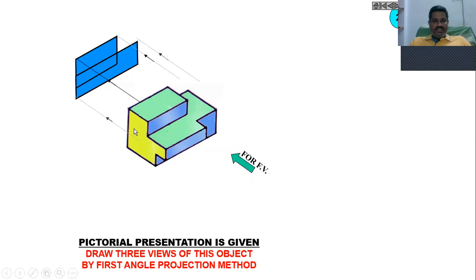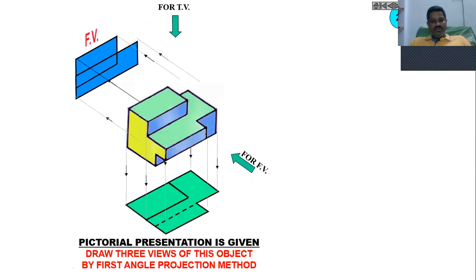Now let us draw the top view. When you see this component from the top, you will find this face and this face. Totally you have two faces, first face and second face, and you have one more edge here.